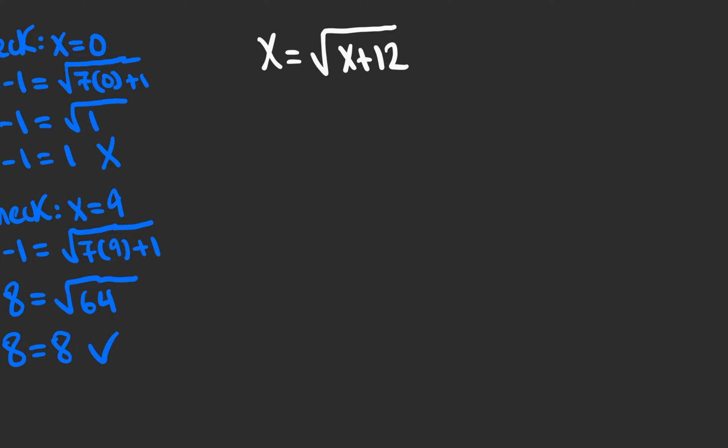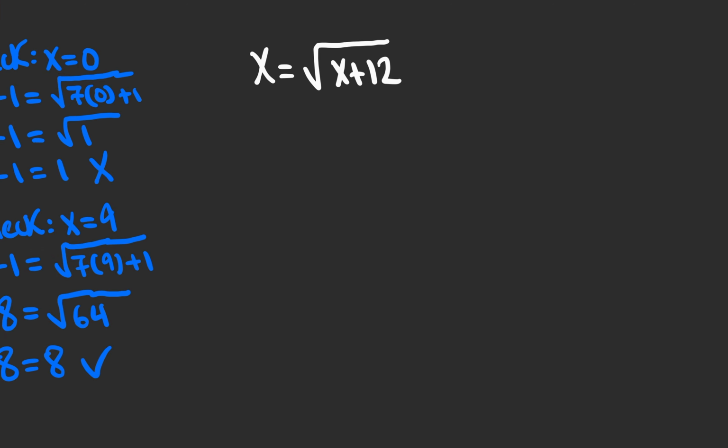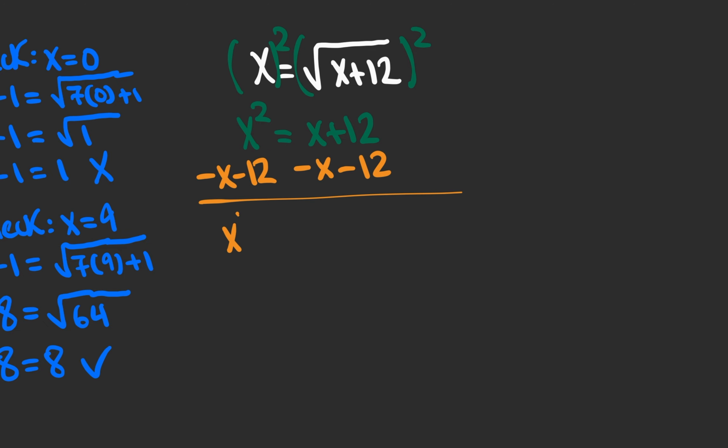Okay, for the final question, we have to square both sides. On the left-hand side, we have x squared is equal to x plus 12. So I will subtract x, I will subtract 12 on both sides. This will leave me with x squared minus x minus 12, since we don't have like terms.